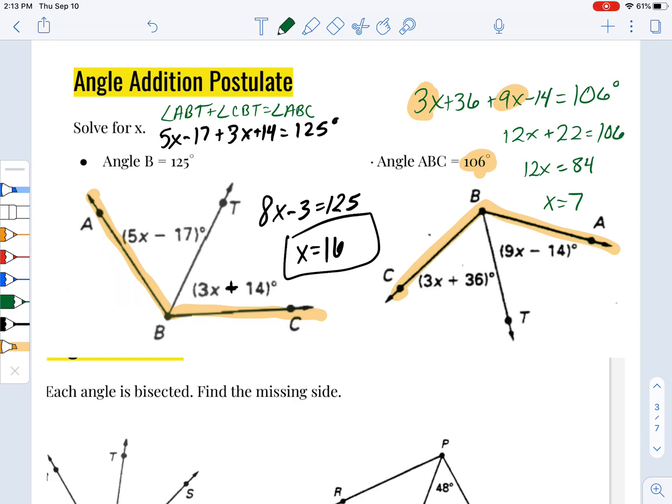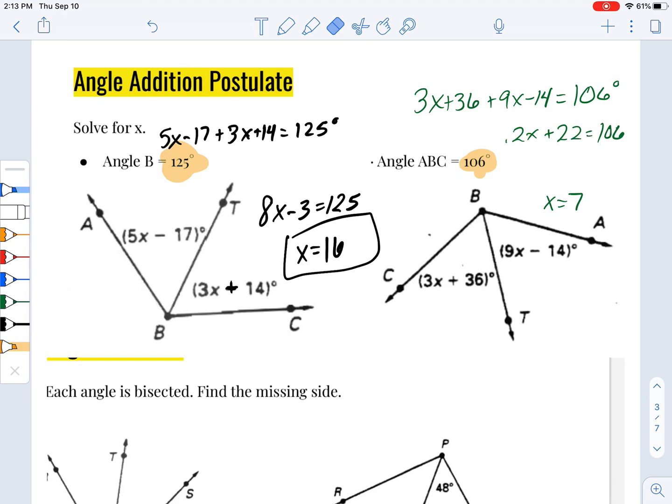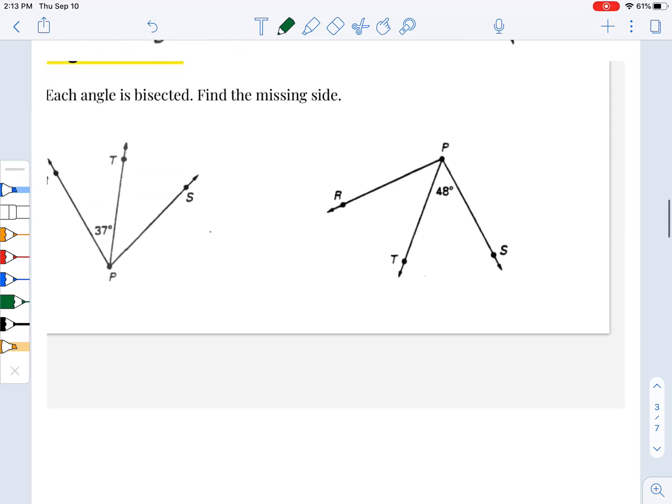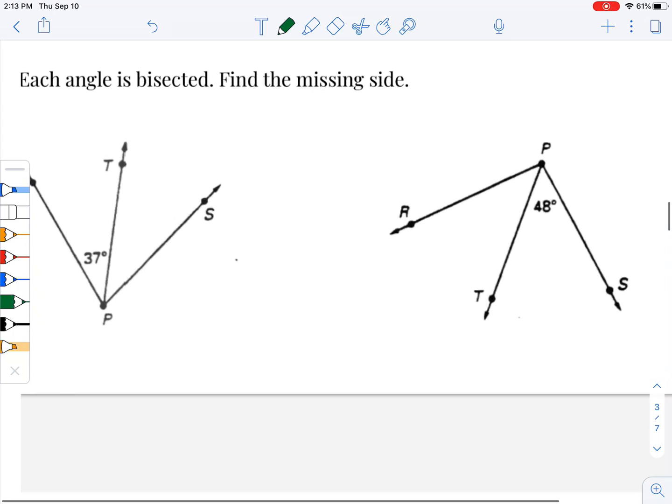And we're going to come back to this idea of being very careful to look for that big angle measure, see if they give us that. We'll come back to that in just a minute.